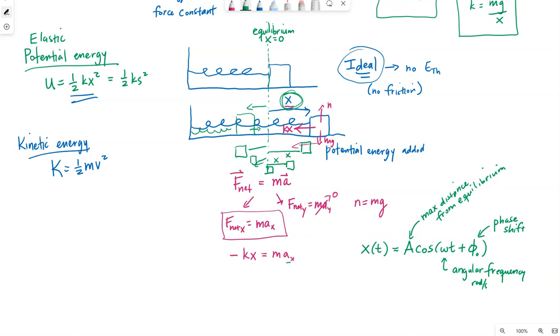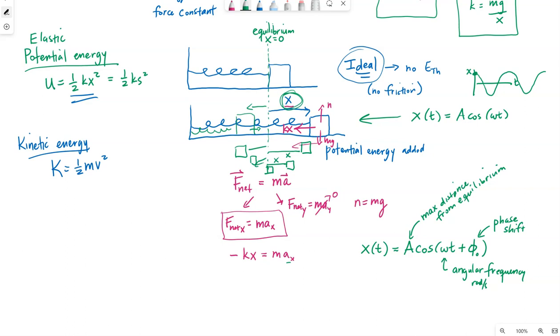In the case here specifically, where I pull the mass to the right, so the maximum positive distance, and I release it from rest, my graph of position versus time would start at a maximum positive value. The mass would move towards equilibrium, past equilibrium to its maximum negative distance, and so forth. So the phase shift would be 0 in this specific case. We could say that x is exactly A cosine omega t.